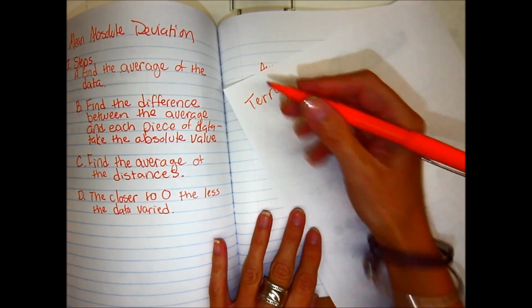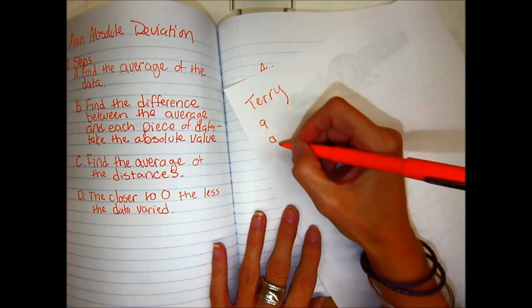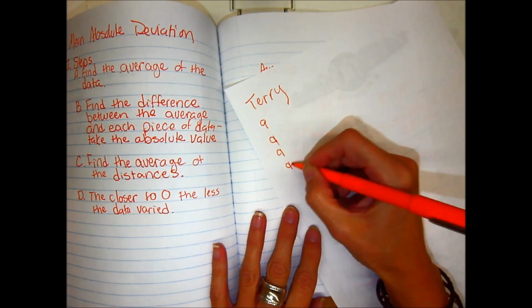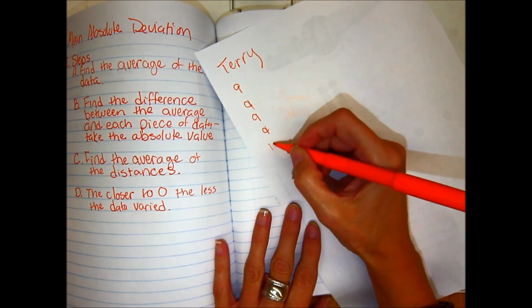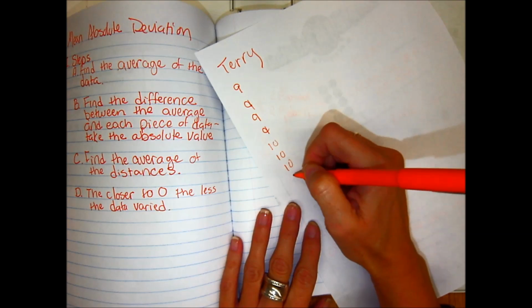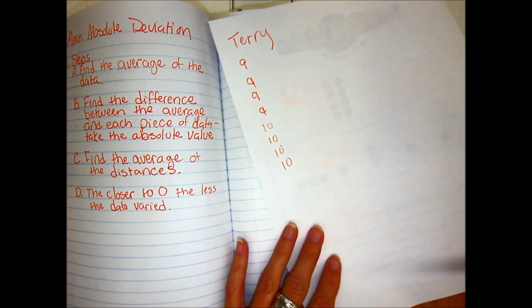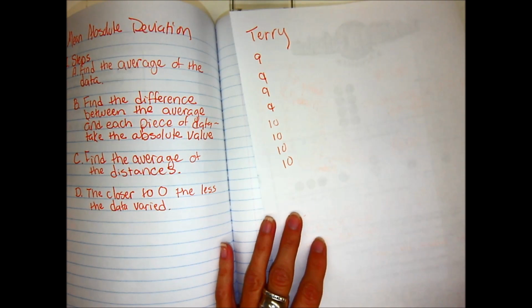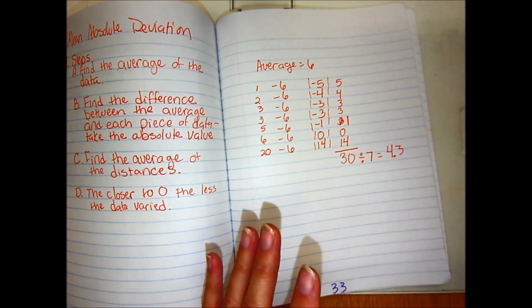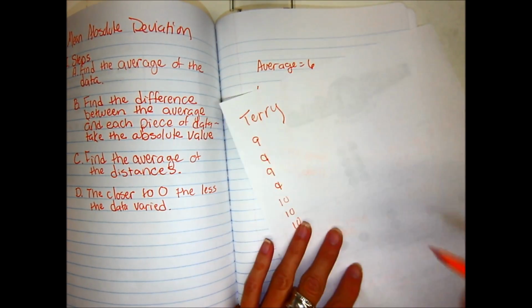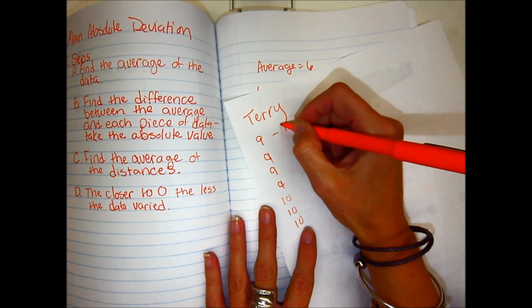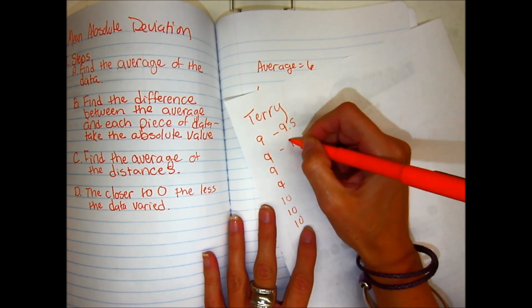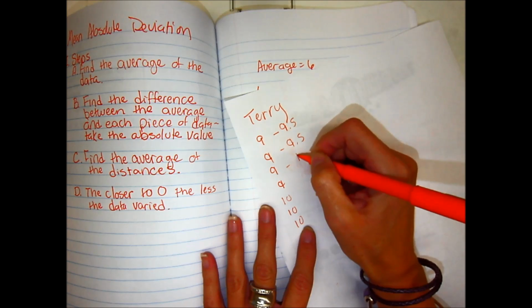Terry had 9 and 9 and 9 and 9, and then he had 10 and 10 and 10 and 10. The average was a 9.5, so we want to subtract 9.5 from each of those scores.